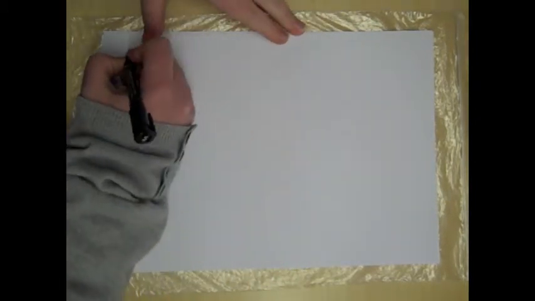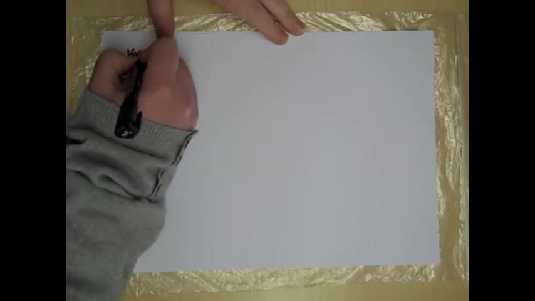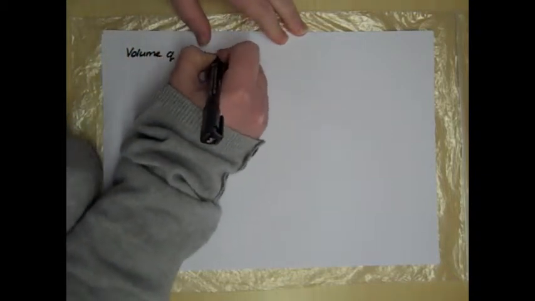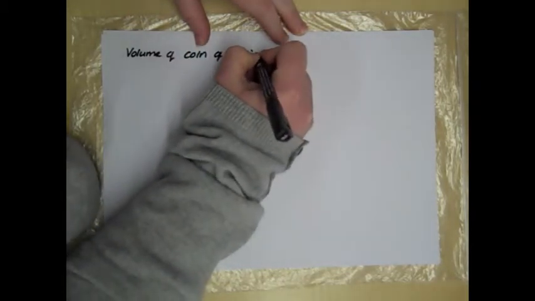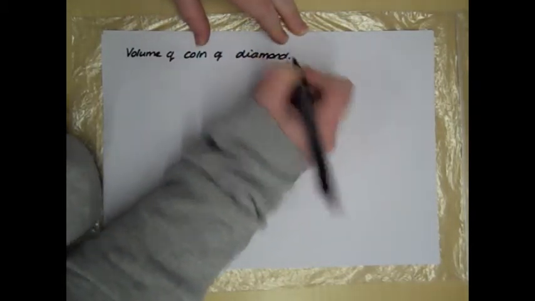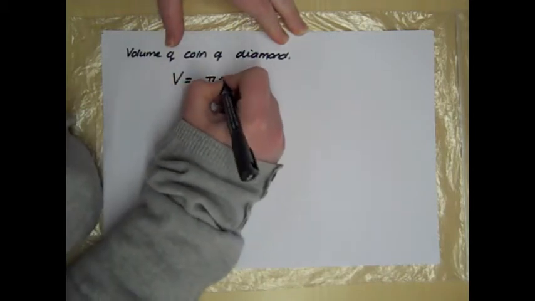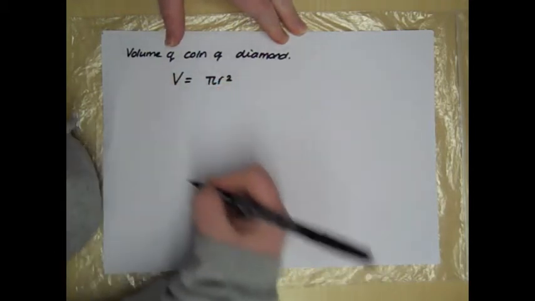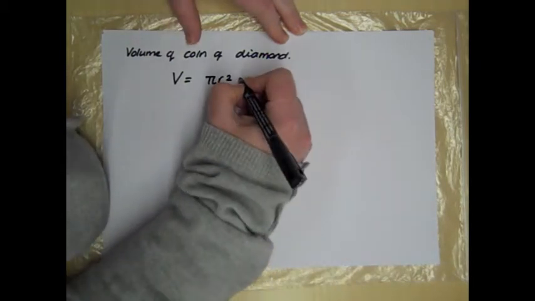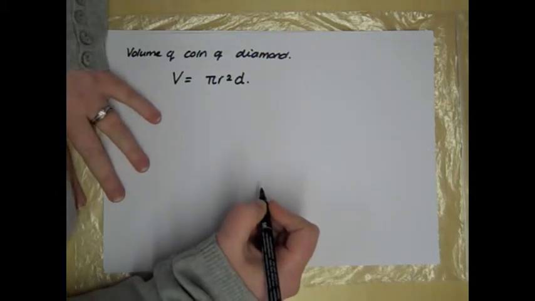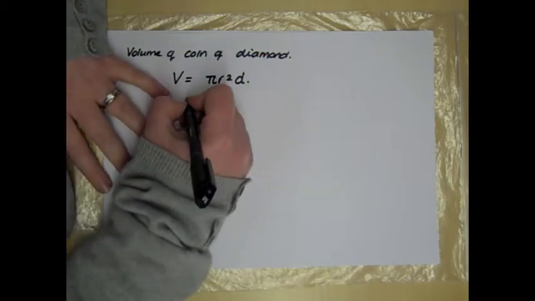So the volume of the coin of diamond is given to us. V is equal to the area of the coin multiplied by the height, so pi r squared d, or pi r squared h, depending on what you want to do.